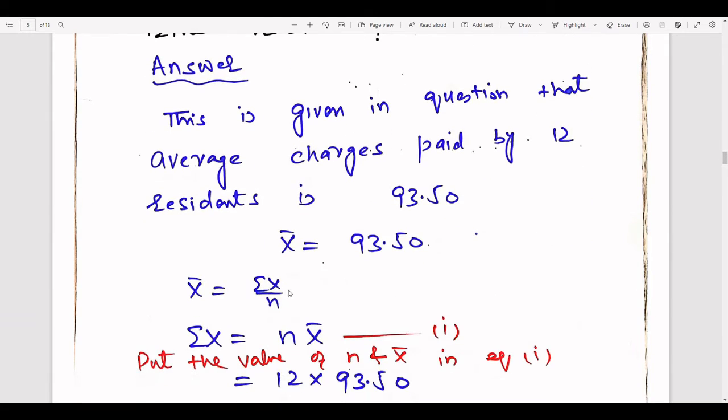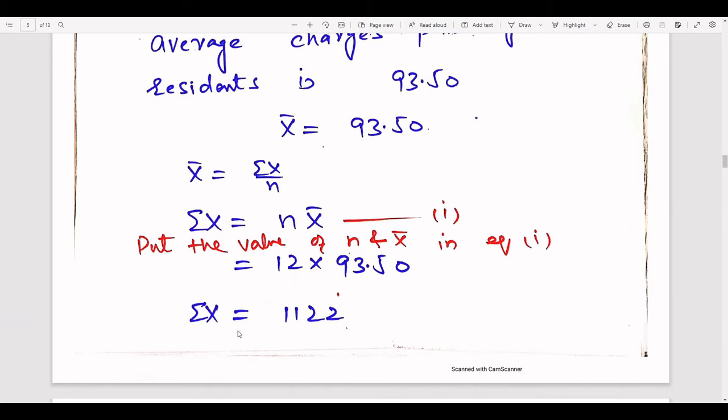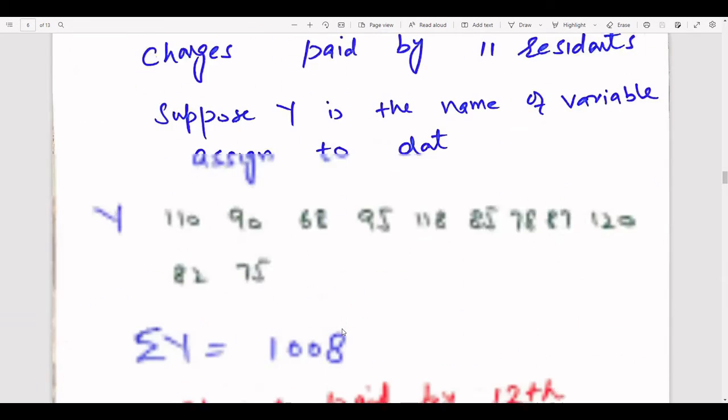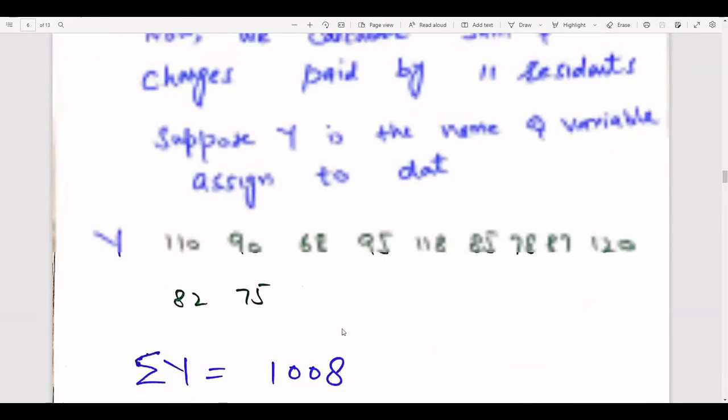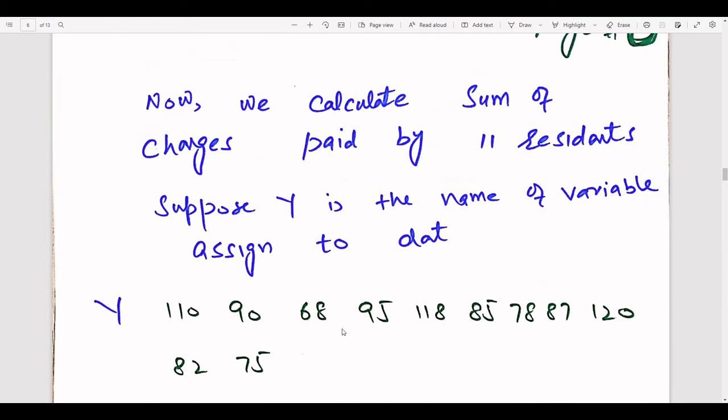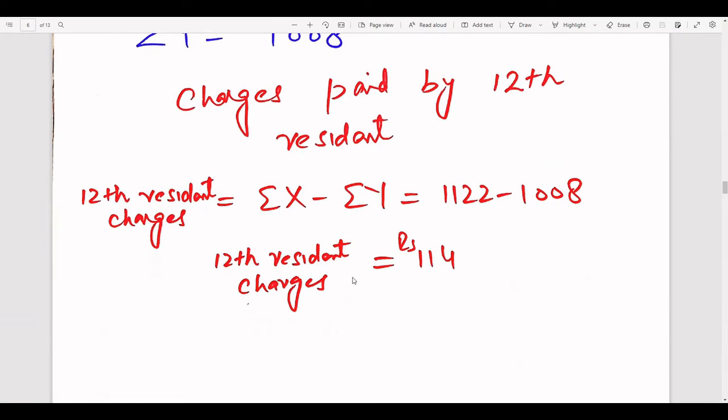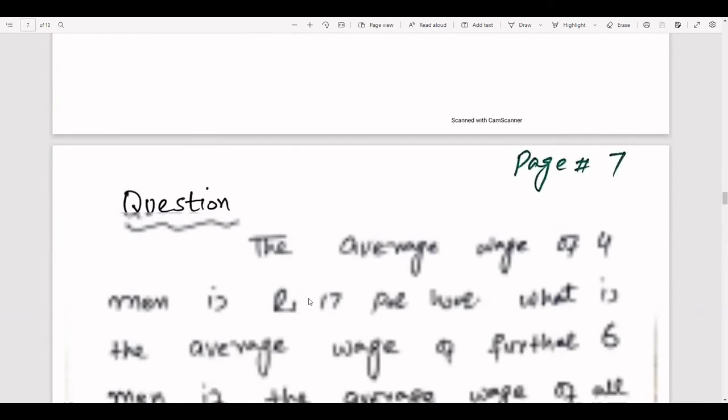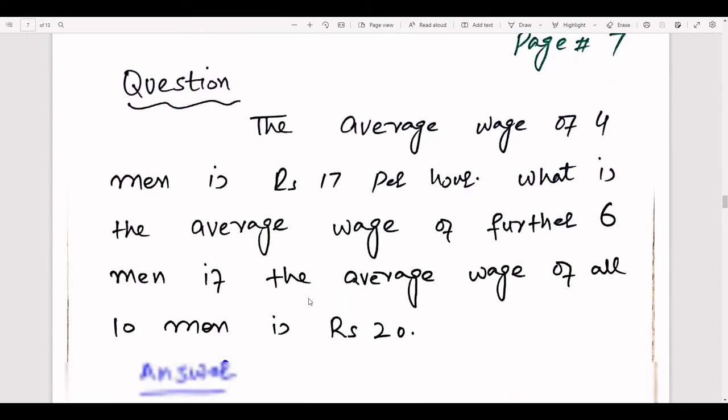So we calculate the mean and sum of x, the total value for all 12 residents, which is 1122. Next we calculate the sum for 11 residents, and after subtracting we get a single value, which is the 12th resident's charges. Now we move towards the next question.